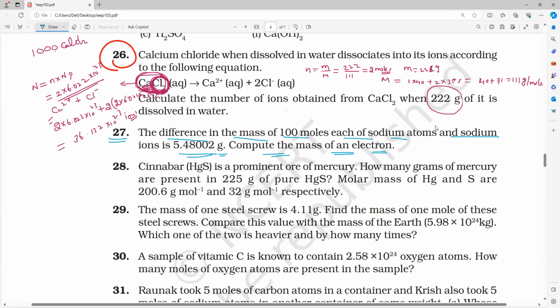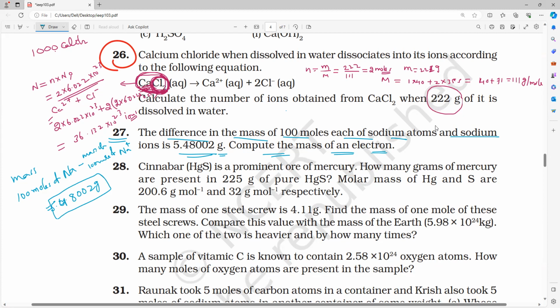So I'm taking 100 moles of sodium atom: mass of 100 moles of sodium atom minus mass of 100 moles of sodium ions is equal to how much? 5.48002 grams. So if I take this many moles, what is the mass of an electron, they are asking.